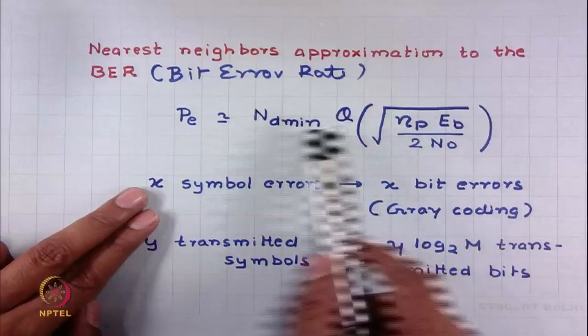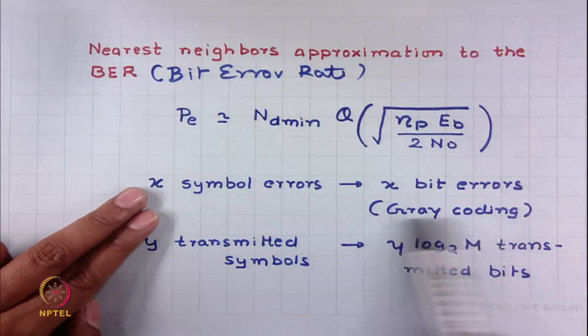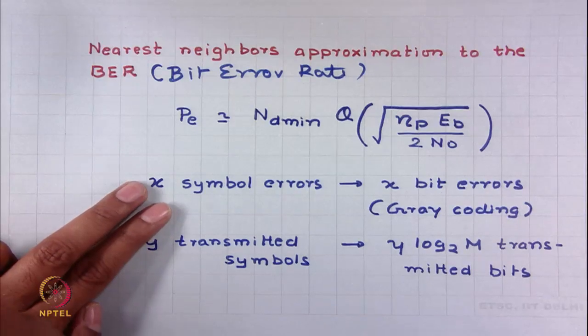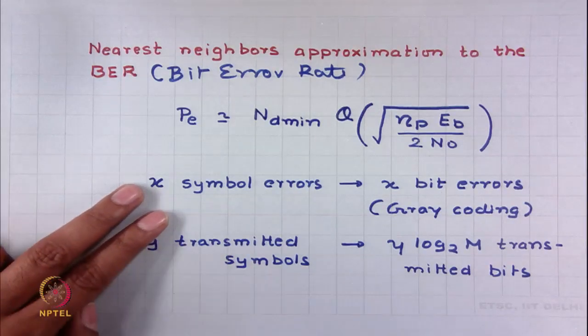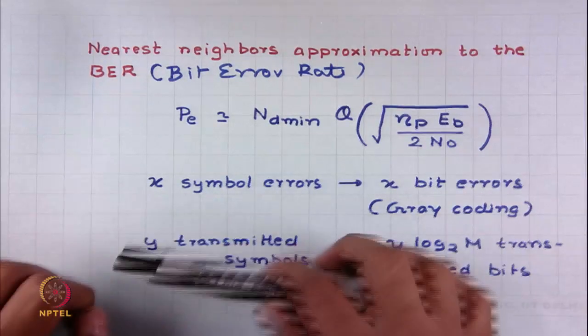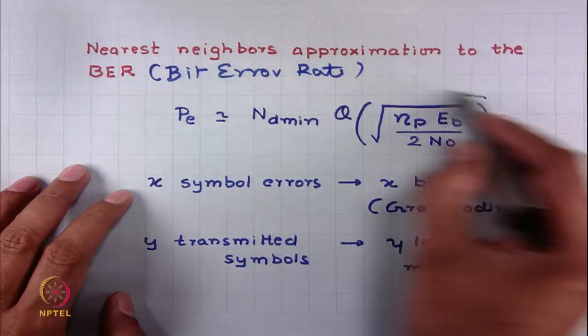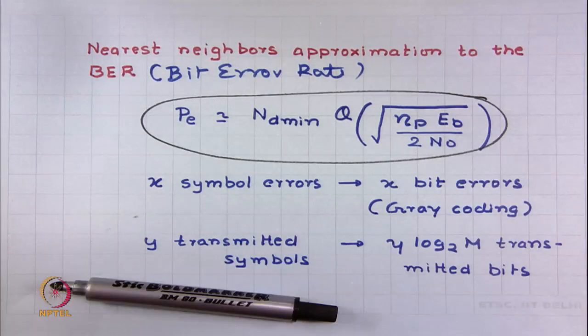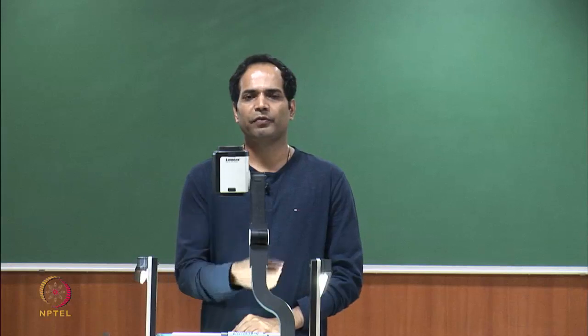Now, if we assume that we are using gray coding, what we assume also is that these nearest neighbors only differ by 1 bit, because we are using gray coding. Now, when we are using this expression, it simply means that the error happens mostly when a symbol slips to one of its neighbors. Okay.